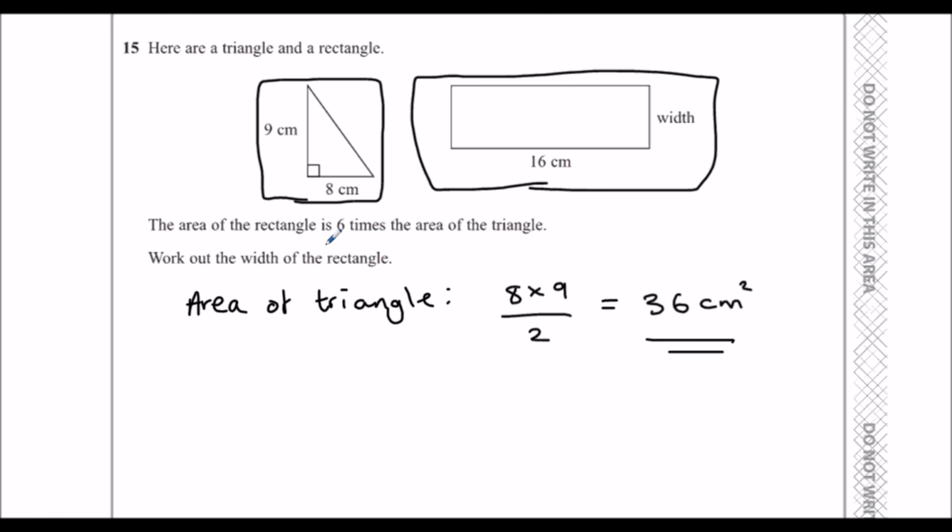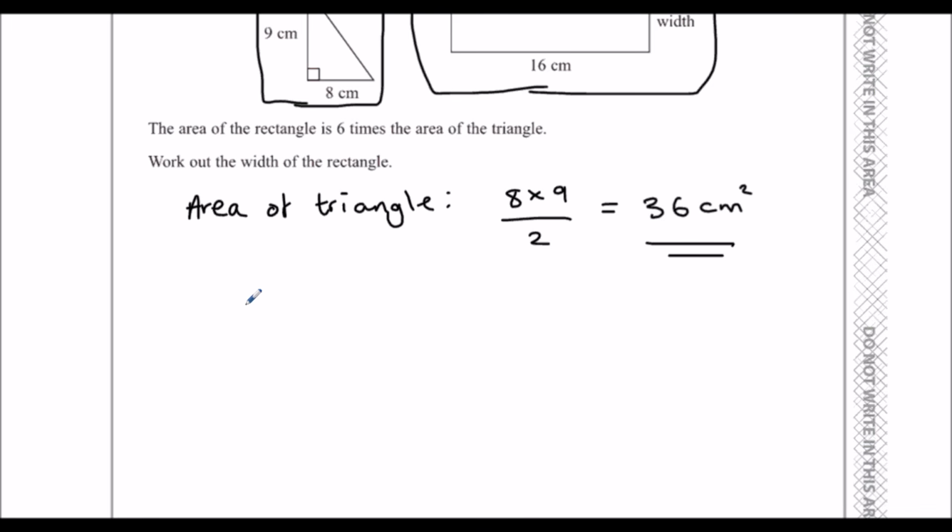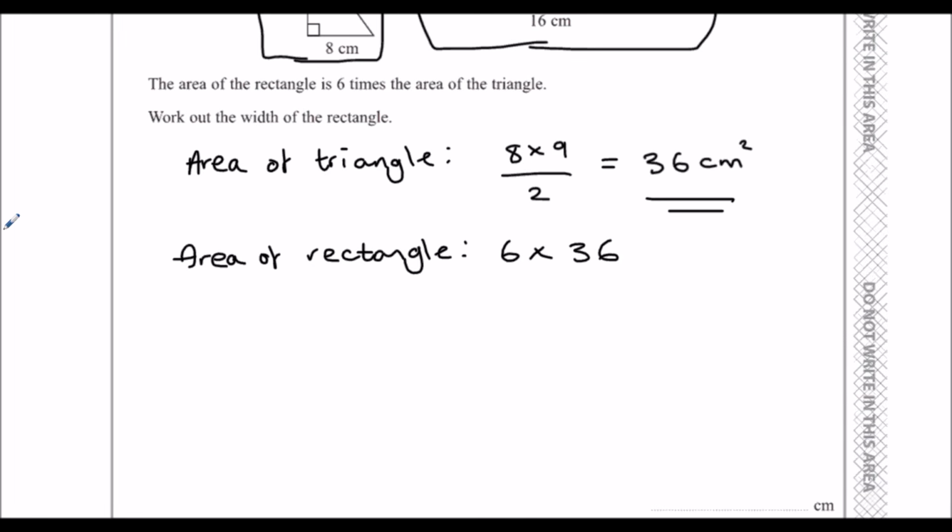And the area of the rectangle is 6 times as much as this. So 6 times 36. So you might want to use one of the methods of multiplication now. Or we could do 6 times 30 plus 6 times 6.